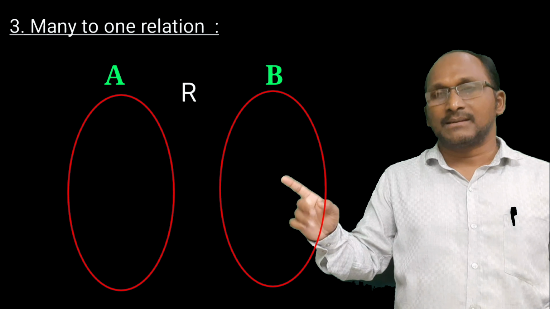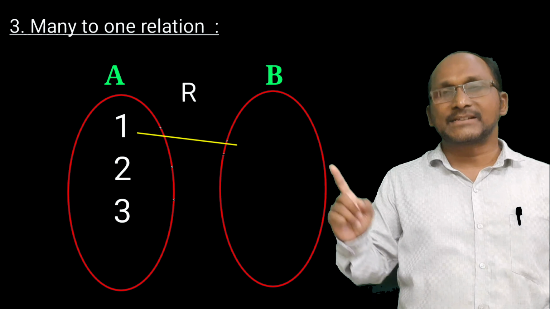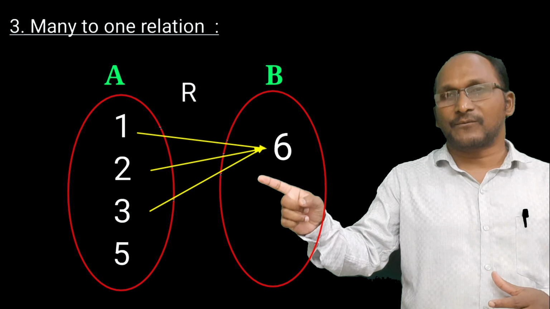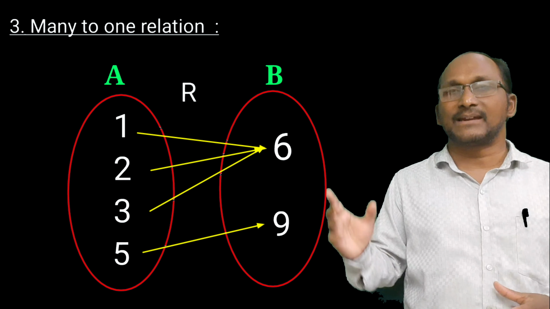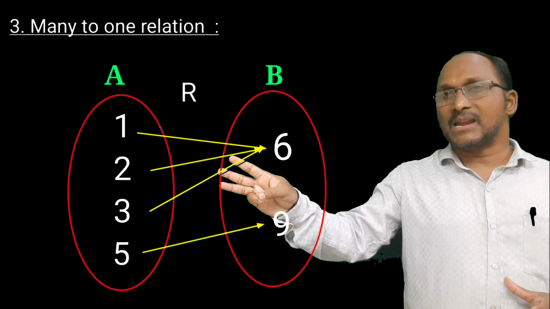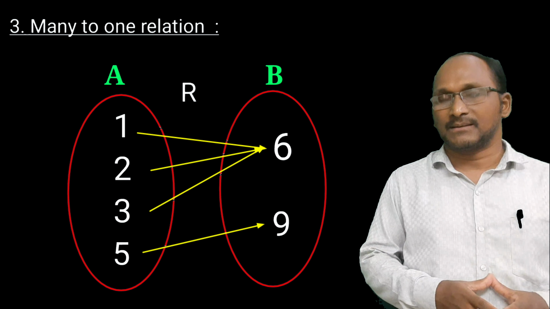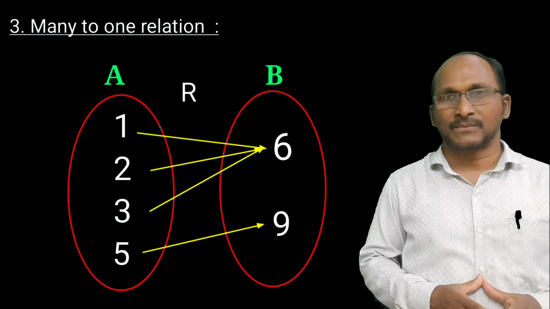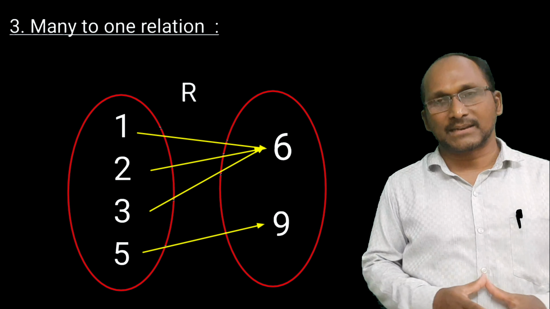In this relation, the elements 1, 2 and 3 of the set A are related to element 6 in the set B, and the element 5 of the set A is related to 9 of the set B. Here, 3 elements of the set A are related to 1 element in the set B. So here, this is the correspondence between many elements to 1 element. This relation is taken as many-one relation.